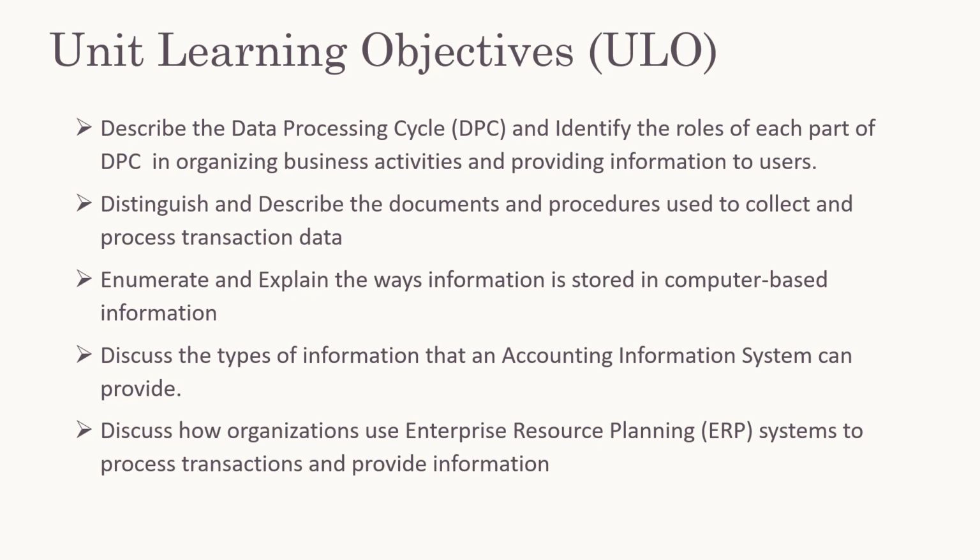Number 3, enumerate and explain the ways information is stored in computer-based information systems. Fourth, discuss the types of information that an accounting information system can provide. And the last, discuss how organizations use enterprise resource planning or ERP system to process transactions and provide information.